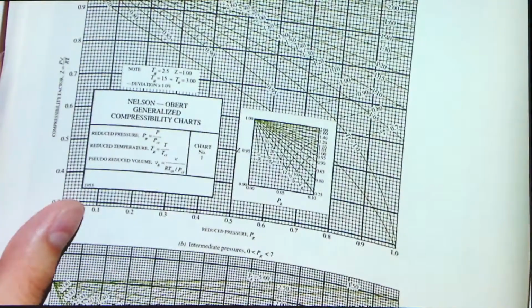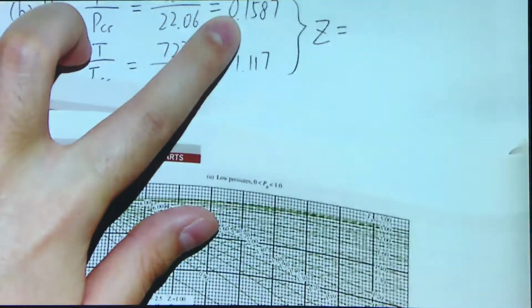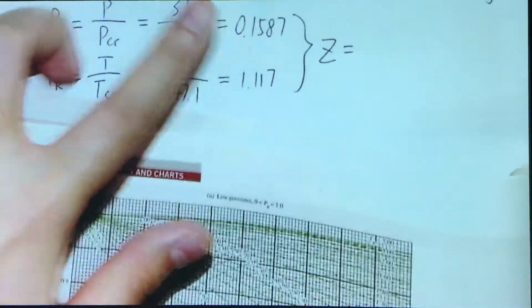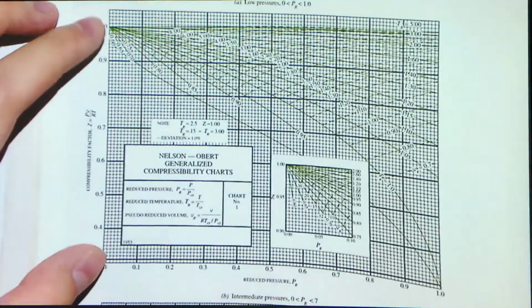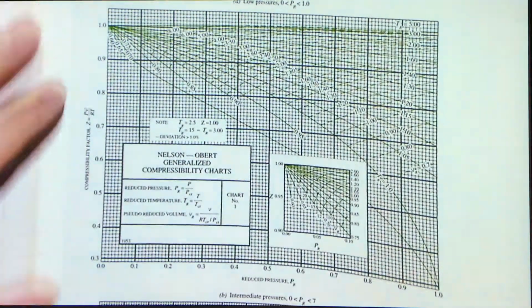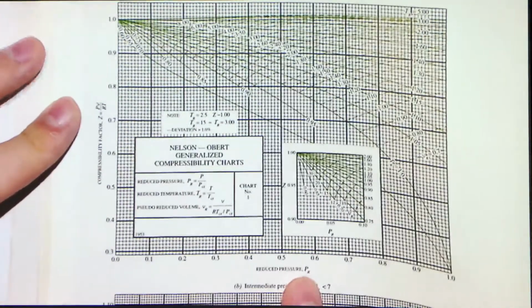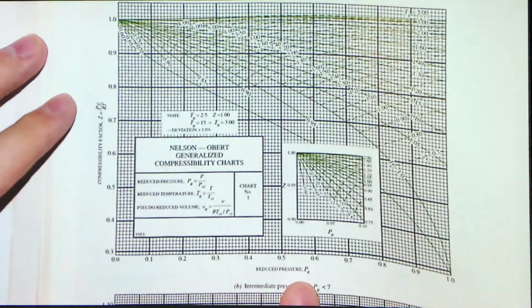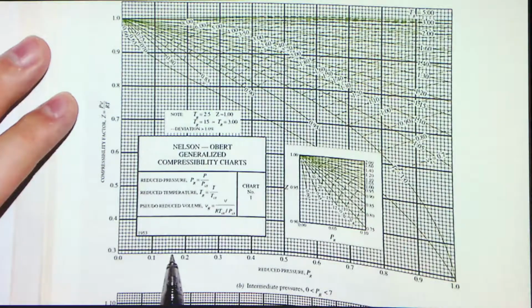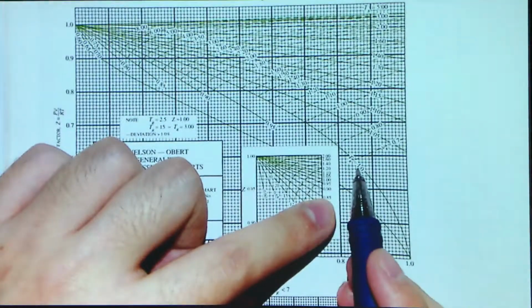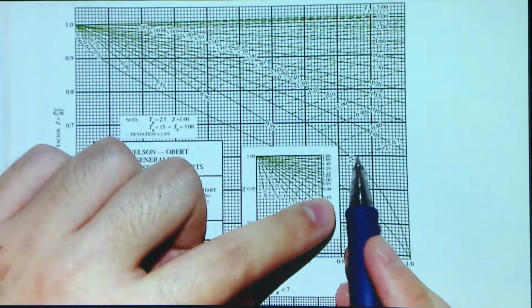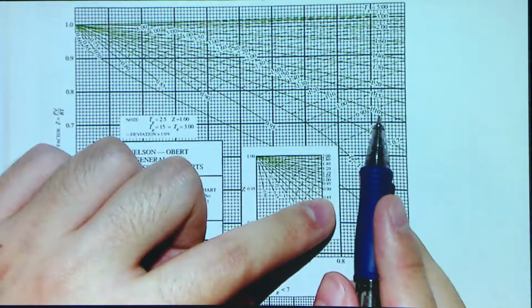Let's go to the compressibility chart. We have a reduced pressure of 0.1587, so we will go to the A graph. The reduced pressure is here, 0.1587. I approximate it to be 0.16, so somewhere here. And the reduced temperature is 1.117. Here you can see that this TR is 1 and 1.05, 1.10.